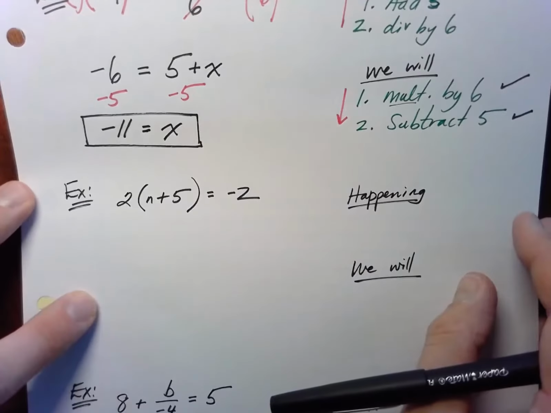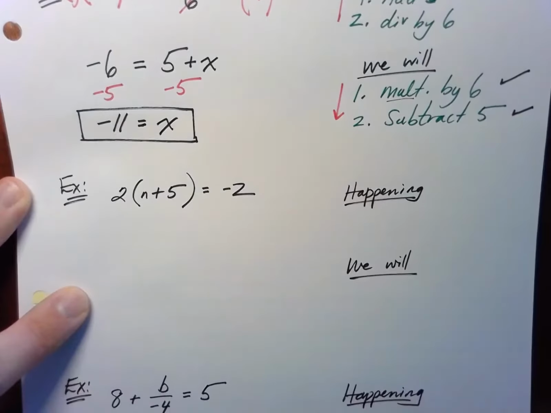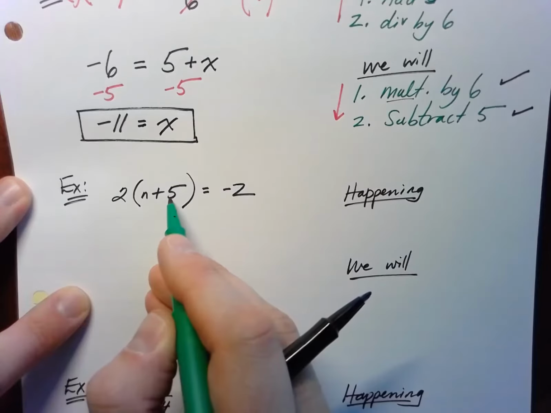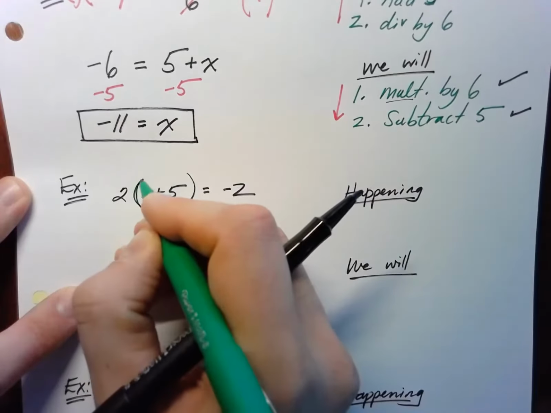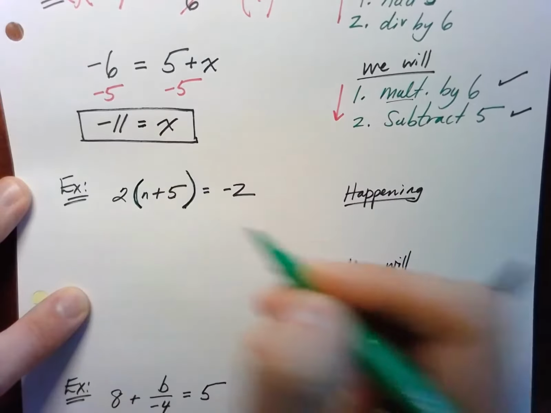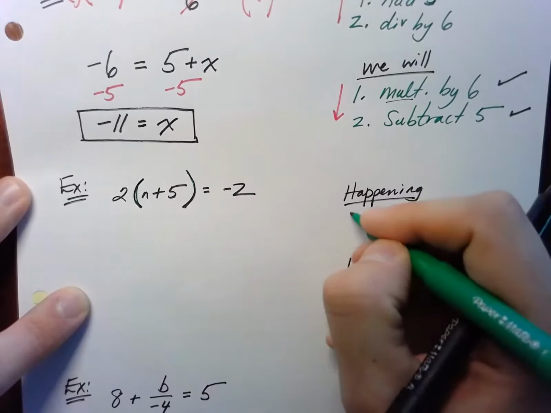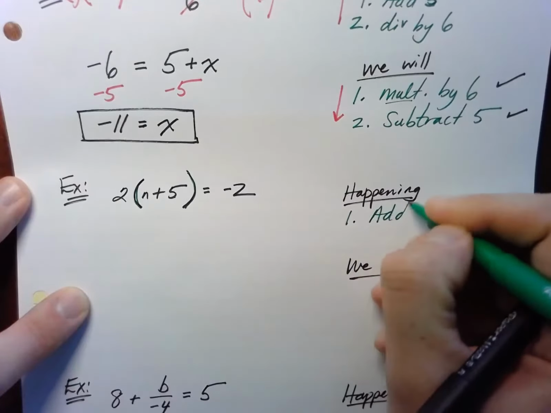Okay, so what is happening to n in this example? Well, the first thing that's happening to n is it's being added by 5. Remember, these parentheses are kind of grouping this in, because parentheses are the first thing in order of operations. So the first thing that's happening is we're adding 5.